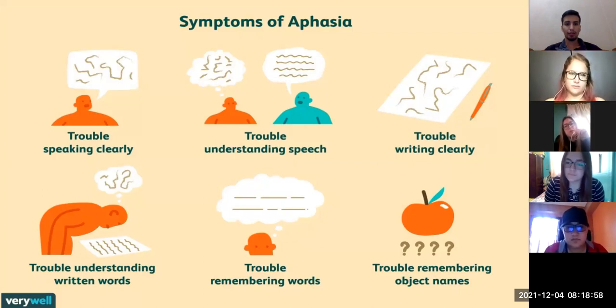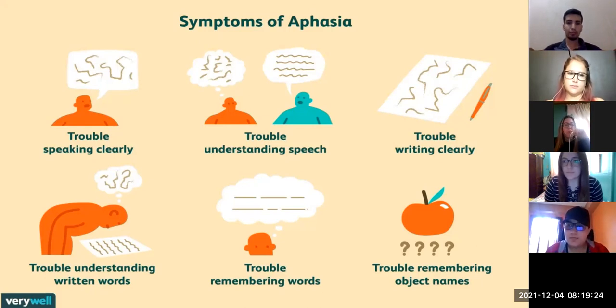For example, people with Broca's aphasia tend to eliminate words like "the" and "an." It's important to know that sometimes people call this kind of aphasia expressive aphasia because they can understand the speech of others, and they also talk in short but meaningful sentences.